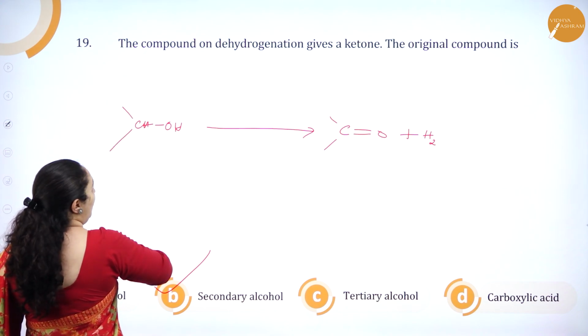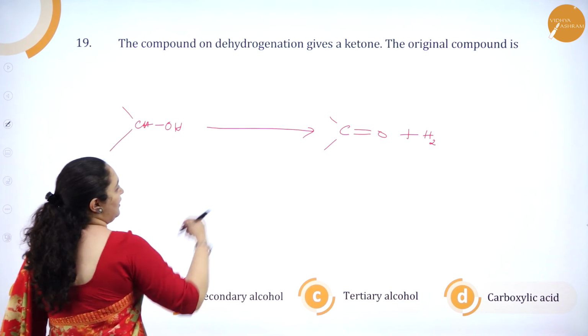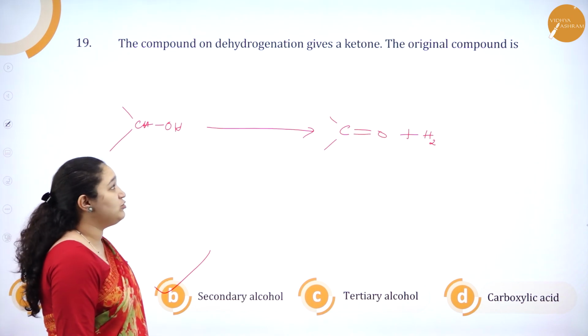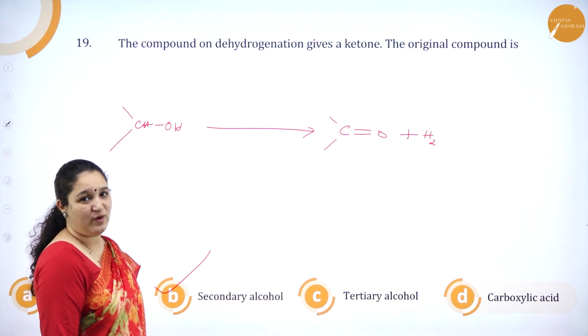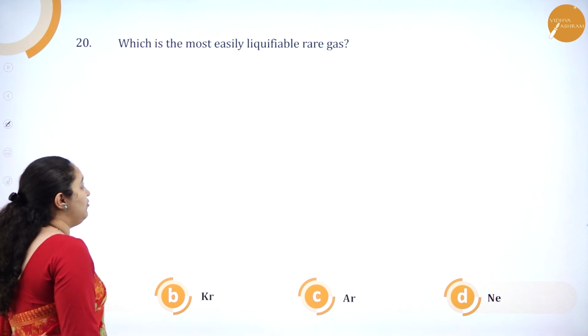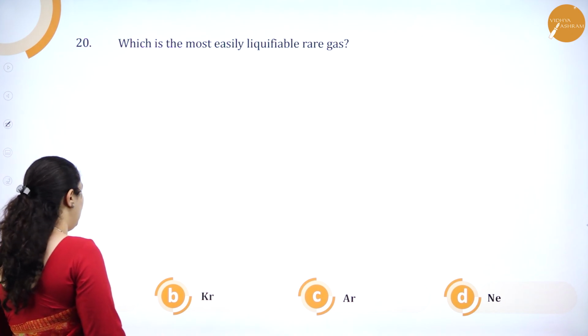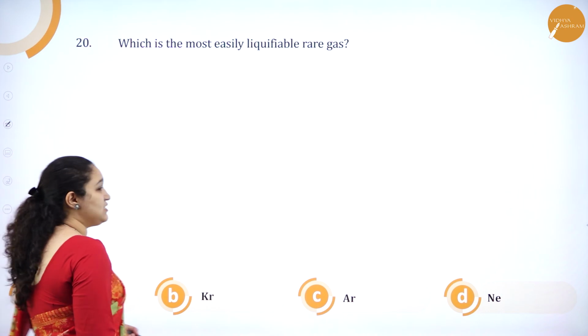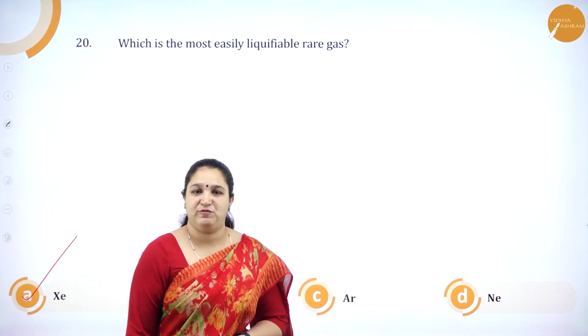It's a secondary alcohol. H and H are removed, you will get a ketone. So it is a secondary alcohol which on dehydrogenation gives ketone. Okay. Next question. Which is the most easily liquefiable rare gas? Xenon, krypton, argon, neon. It is xenon which is most easily liquefiable.